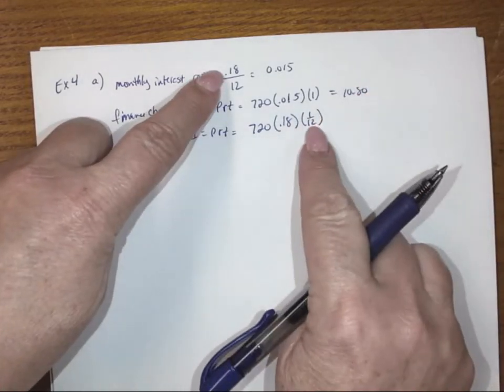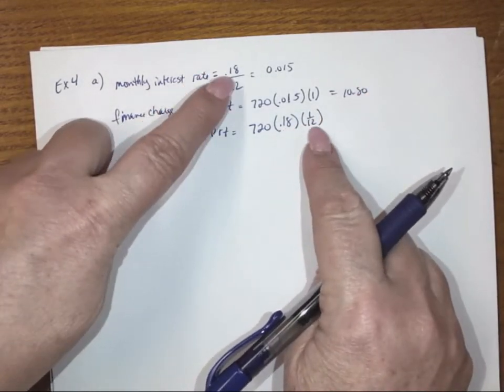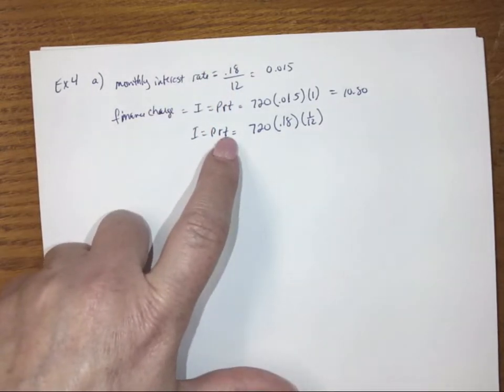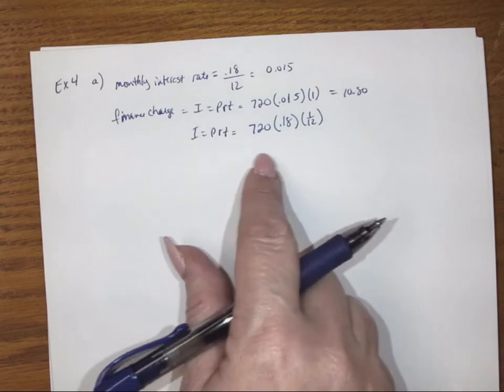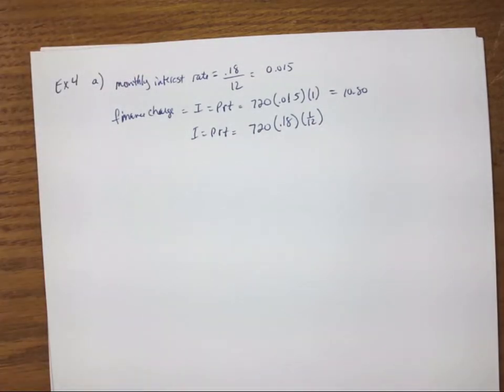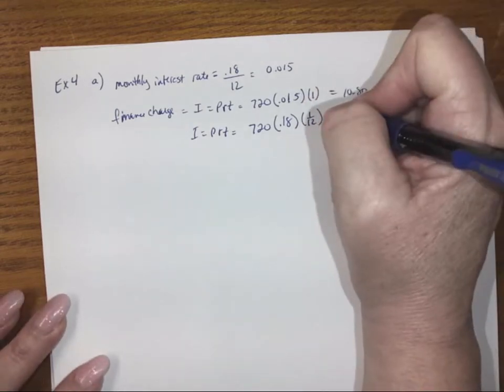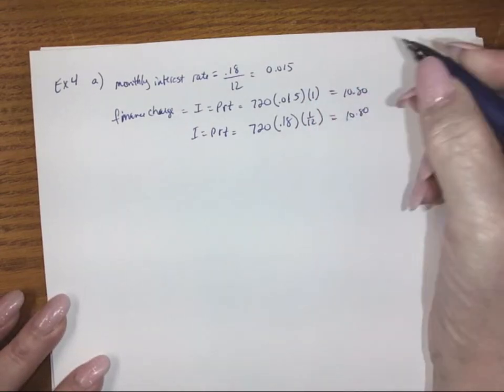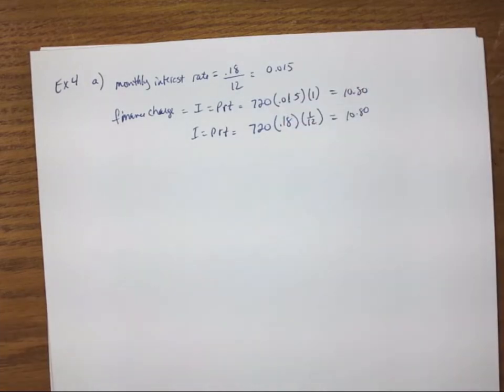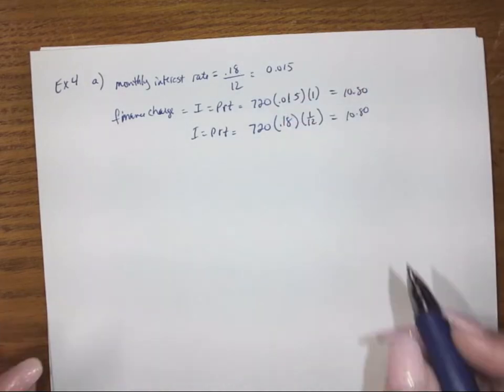This gets us our monthly rate, which is the same thing we're doing here. So as long as you plug in what your T is, you will be fine. This might be easier than trying to find the monthly rate. Just make sure you're doing I equals P times R times T equal to 1 over 12. You're still going to get $10.80. So you can divide ahead of time, or you can divide in the actual finance charge.